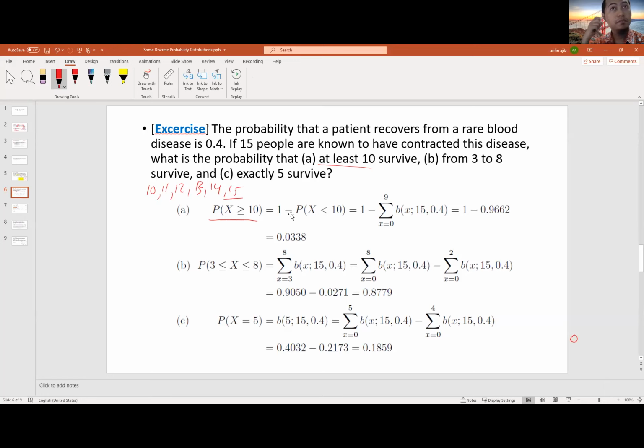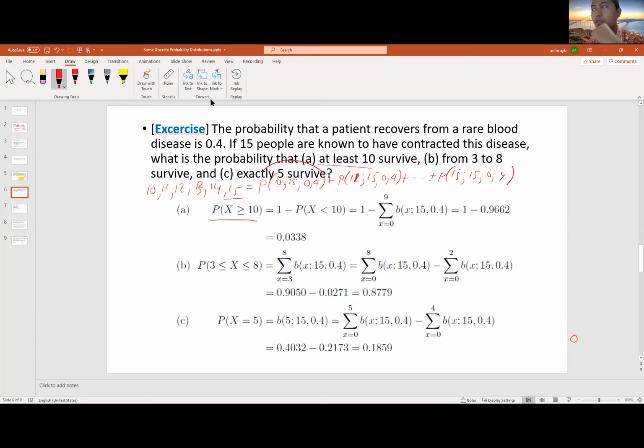Actually we can compute the probability when 10 of 15 with 0.4, plus the probability of 11 of 15 with 0.4, and so on until the probability of 15 of 15 with 0.4.